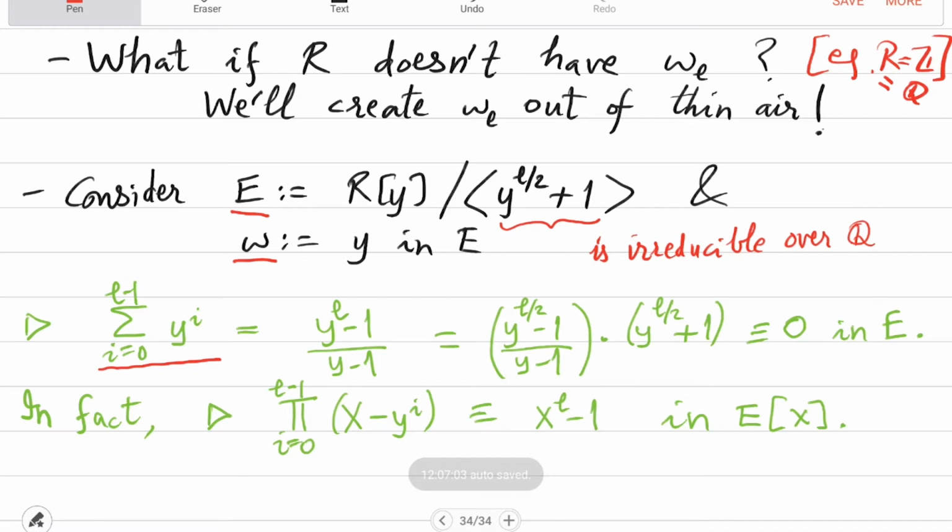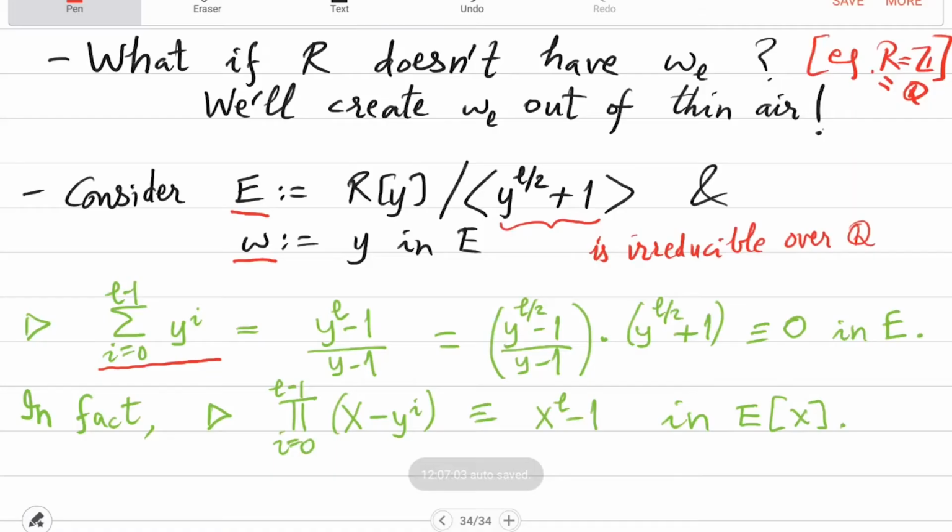And once you have the first equality, then you can simplify it. It's an exercise: show that the polynomials y minus 1 and y to the L by 2 plus 1 are co-prime. It's a one-line argument. If they are not co-prime, then y to the L by 2 plus 1 has to vanish at 1.